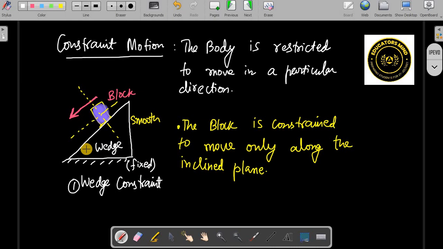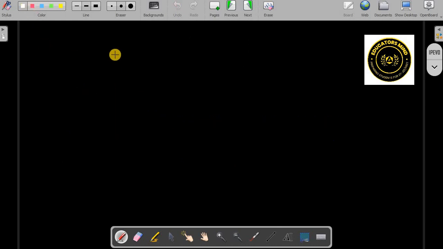In another case, the block and wedge both are free to move, and when you release the block the wedge may go in another direction. So the motion of the block with respect to the wedge will be fixed. Let's take that example. It's a good example, but that mostly goes for JEE Advanced. In Main they may not ask that.